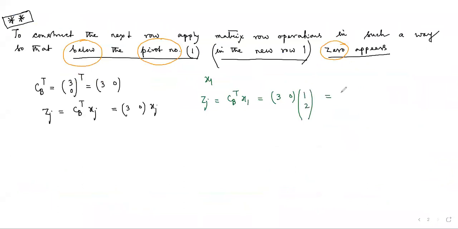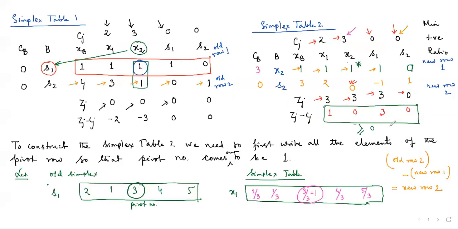So if I multiply the two matrices, we get 3 into 1 plus 0 into 2, that is 3, and so on. Try to copy this, or if you have taken a screenshot, I'm going to go to the next page and write my conclusion.